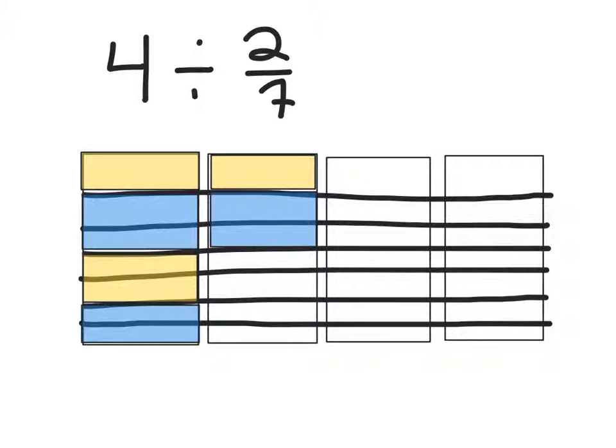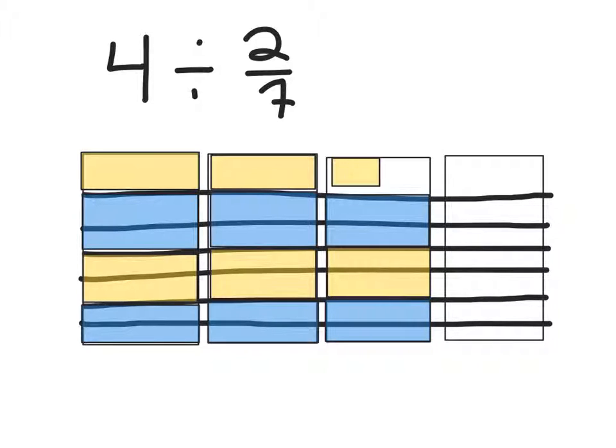Then another group of 2 right here. Then another group of 2 right here. And then I'll do another group of 2 right here. And then I'll do another group of 2 right here. And yet another group of 2. You're getting the pattern by now, I hope, right?